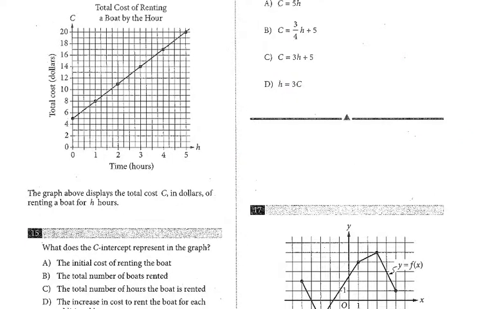Number 15, based on the graph, total cost of renting a boat by the hour. We're looking for the meaning of the y-intercept. For a linear function, the y-intercept means the initial value. So the answer will be A, initial cost of renting the boat.